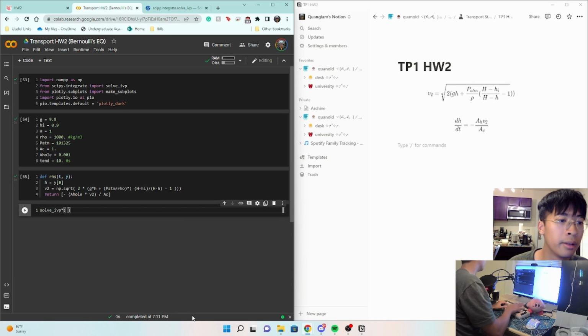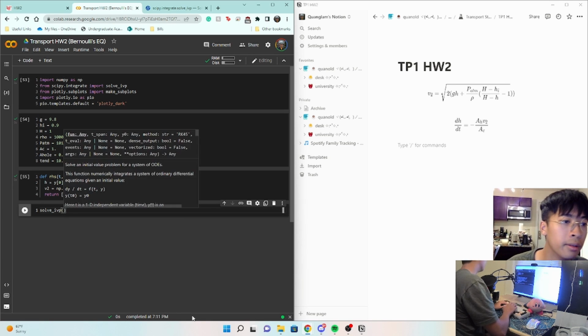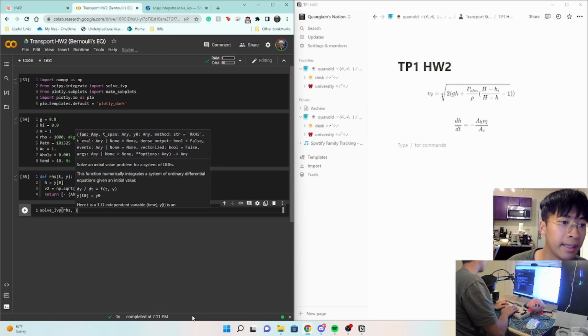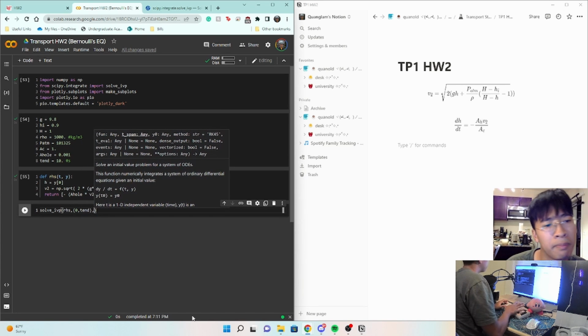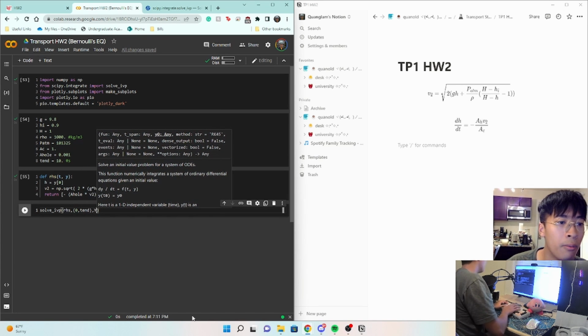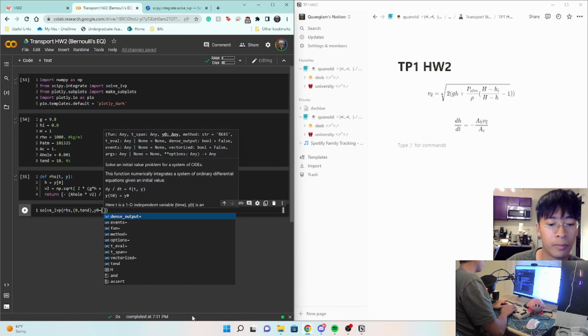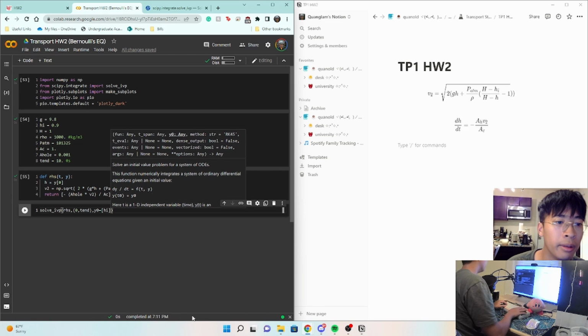And take in RHS, that's the function it should solve, and the time span. Again, time span is expected as a tuple, so from 0 to tn, which we have defined above as 10. That's completely arbitrary. y0 is equal to initial height, right?